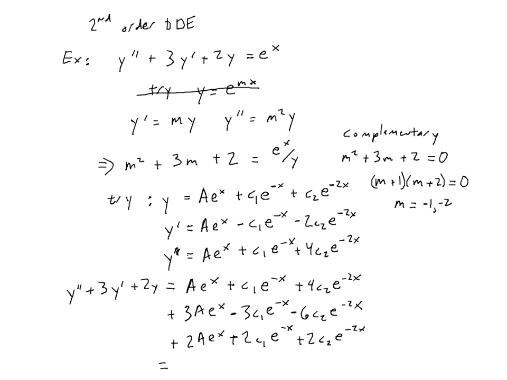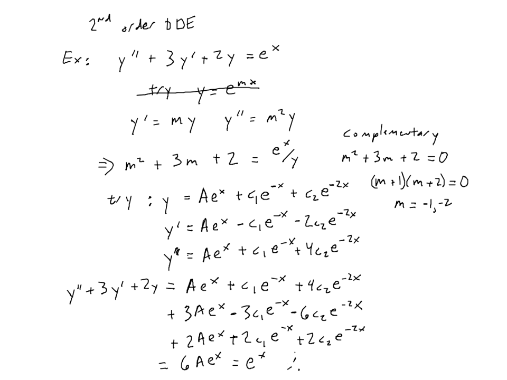And the result, you can just add straight down vertically here, is you get 6a e to the x, and then you have 1 minus 3 plus 2 is 0, right? And then 4 minus 6 plus 2 is 0. And this is all supposed to be equal to e to the x.